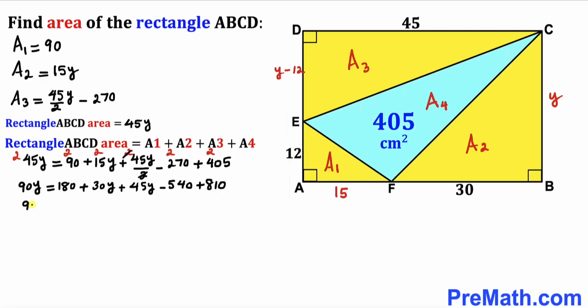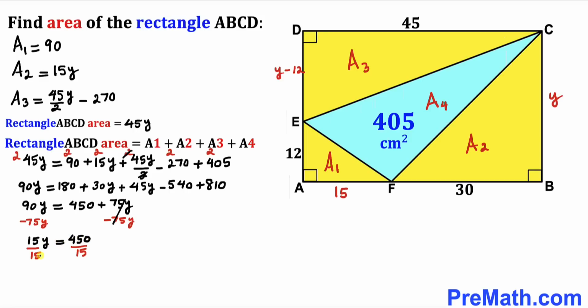Now let's combine the like terms. On the right hand side, that gives us 450 plus 75y. Now let's subtract 75y from both sides. This is gone. On the left hand side, that gives us 15y equals 450.